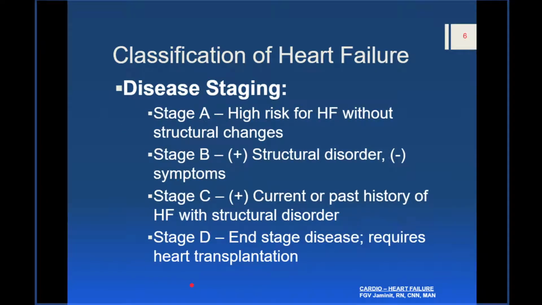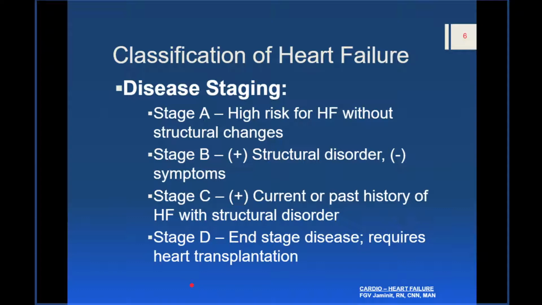Okay? The other disease staging that we can use for classification of heart failure would be this one. So, stages A, B, C, and D. Okay? Kanina, dun sa Phillips classification, we're talking about the functional ability of the patient. Meaning, their ability to perform task without difficulty. In terms of this disease staging, we're talking about the structural disorder and the presence of symptoms.